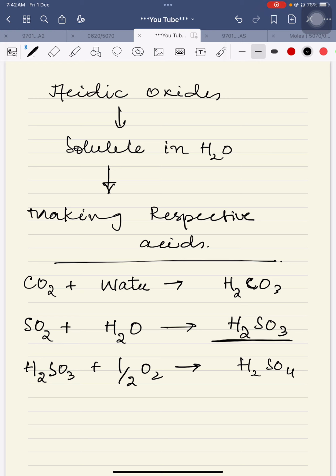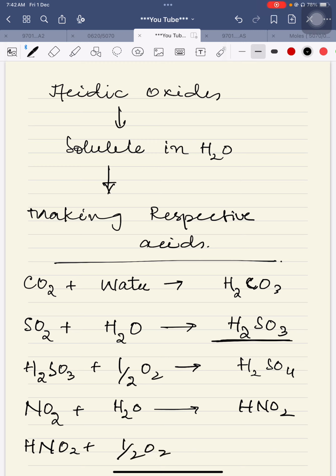And for example, there is one more: nitrogen dioxide combines with H2O, making HNO2, that is called nitrous acid. This nitrous acid combines again with oxygen, making nitric acid. So these acidic oxides combine with oxygen and they make respective acids.